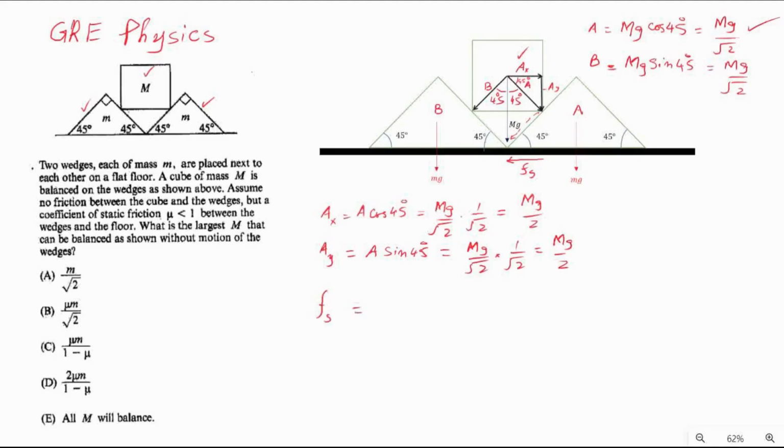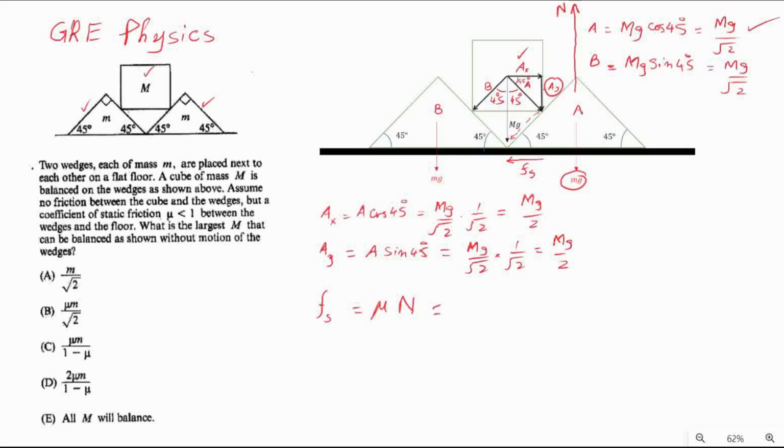It is equal to mu times the normal force N acting on the wedge. This normal force is a reaction force on wedge A, and its magnitude is equal to the sum of the magnitudes of the forces acting on wedge A downwards. The downward forces on wedge A are its weight mg, and the force AY coming from the block.